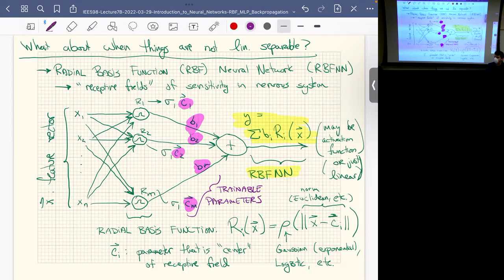Okay, so whereas in the standard perceptron, we only train the weights, which I've labeled B1 through BM, we also have these centers. Now, how you train these things gets more complicated. A lot of times people use clustering methods to generate the centers, and then they use methods similar to what you'd use for other methods to train these weights.